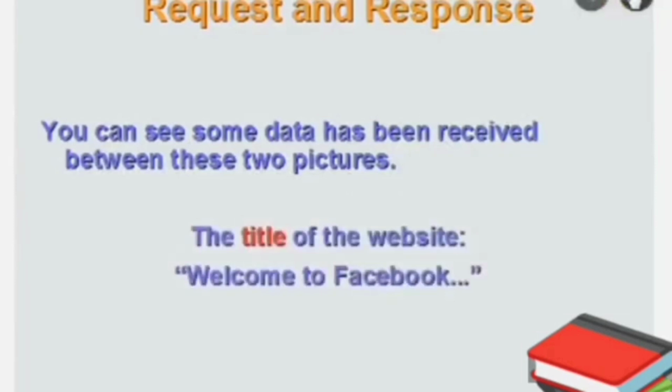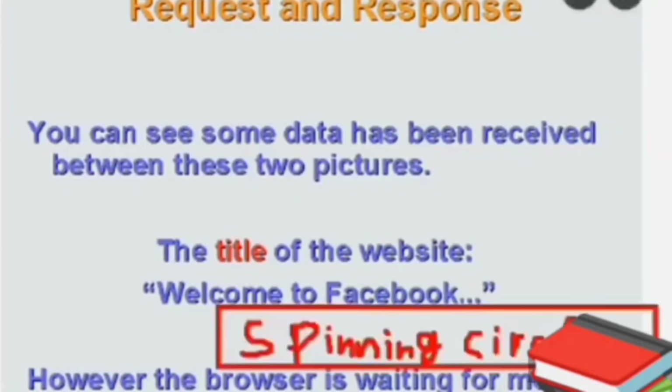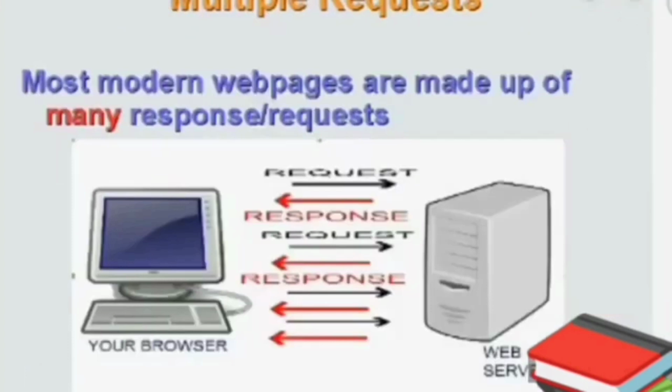pictures. The title of the website is Welcome. Welcome to Facebook. However, the browser is waiting for a response. That's the spinning circle. Most modern web pages are made up of many requests and responses.